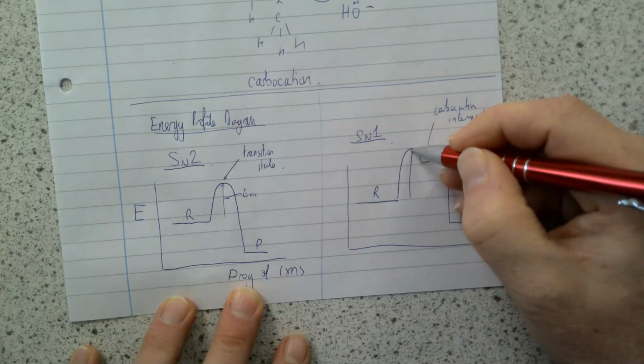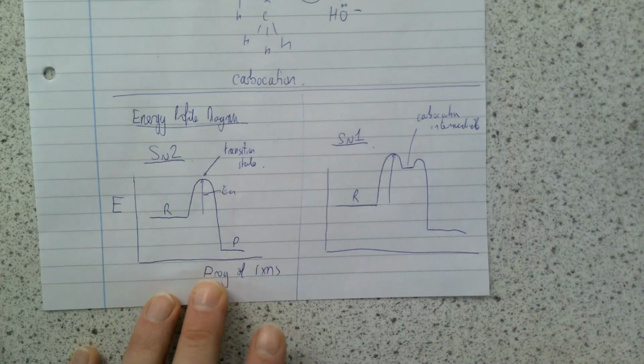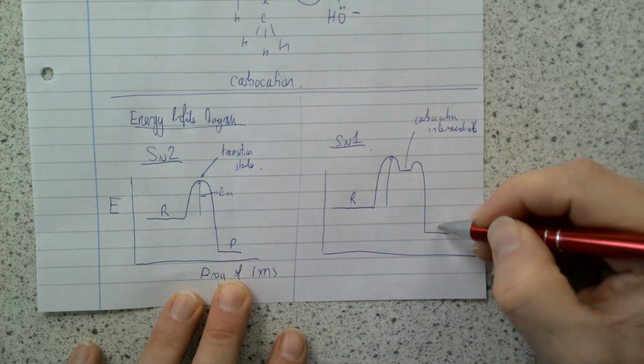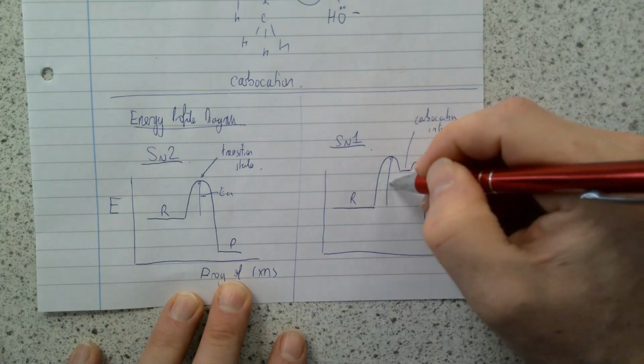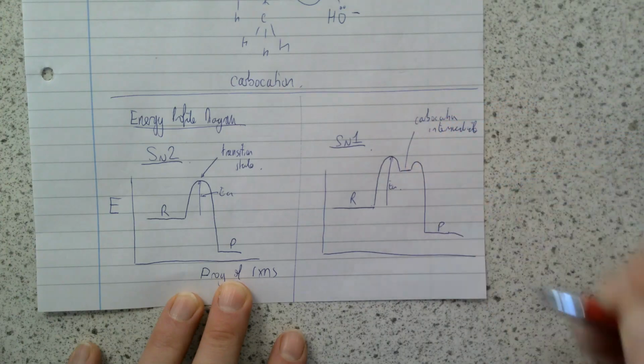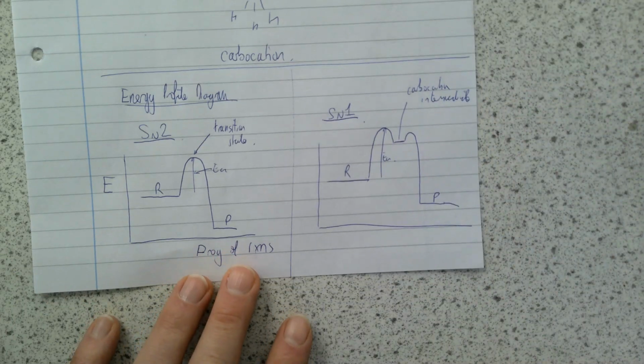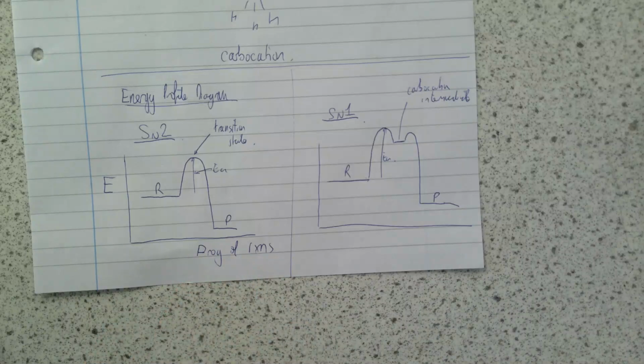There's the activation energy, or sometimes called EA1 because it's the first step, but it's fine for today. And we've got the products down there. Okay. So it's slightly different. We've got the carbocation intermediate in the middle there, showing the two steps. And the second stage has a second activation energy. Okay. I'm going to pause.